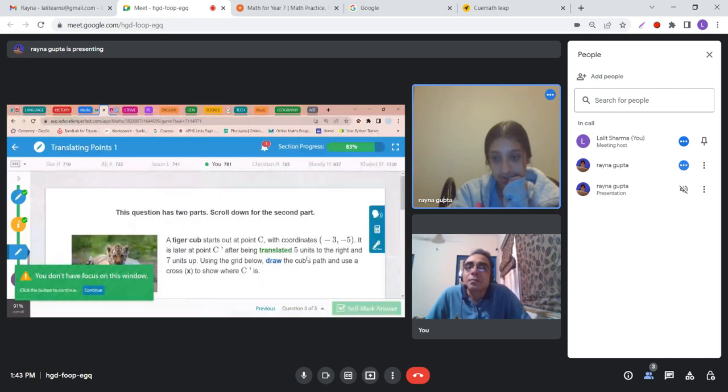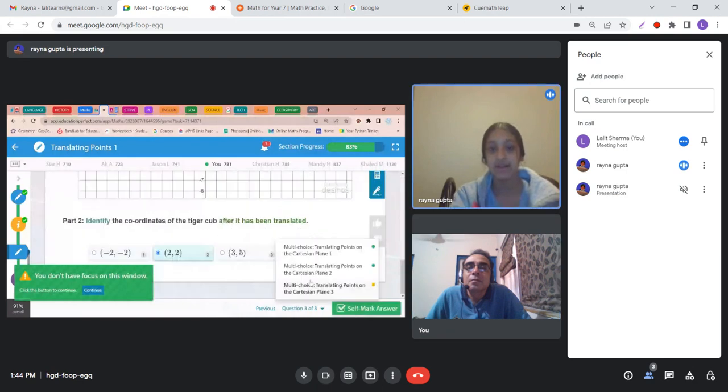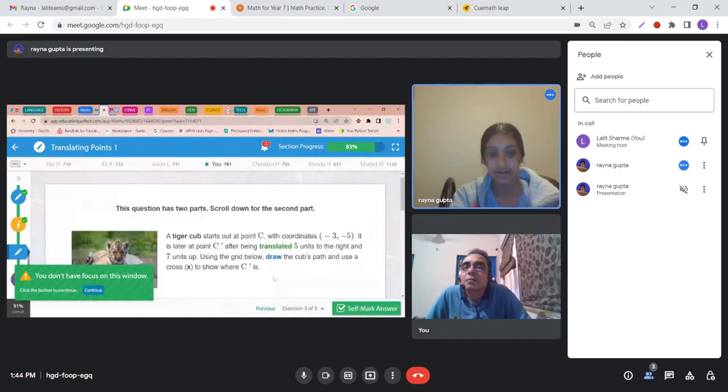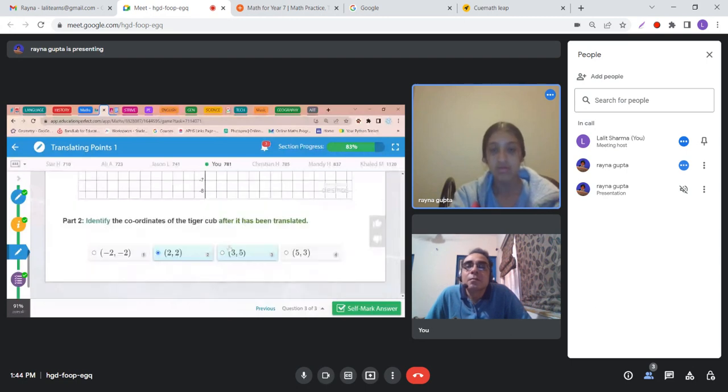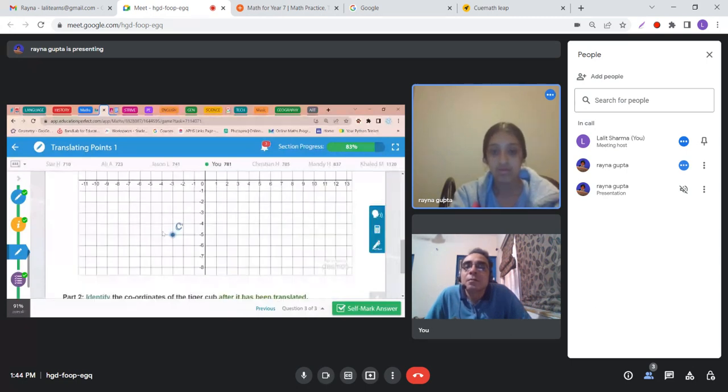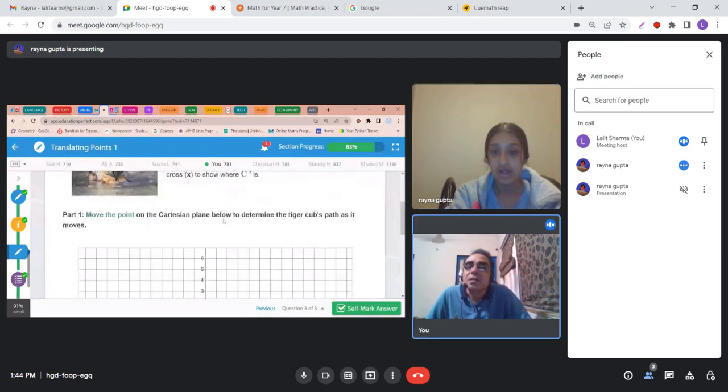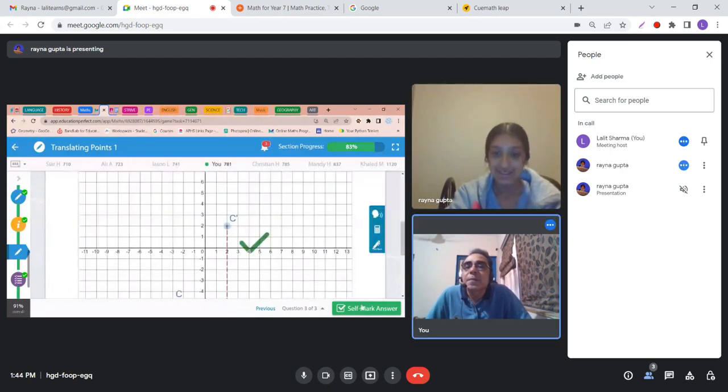So it's 2, 2. First is the X axis, second is the Y axis.